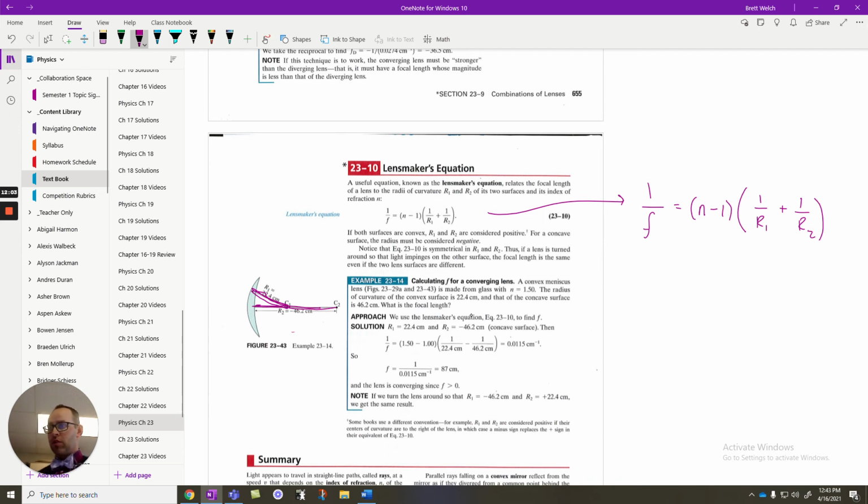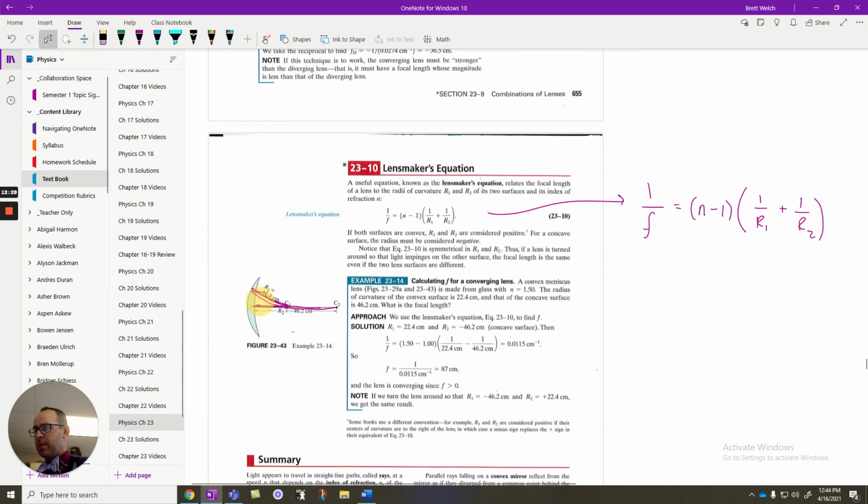A couple of rules that we have to keep in mind. If both surfaces are convex, R1 and R2 are considered positive. For a concave surface, the radius must be considered negative. And so if we're looking at this specific case, one surface is convex, that's the surface on the left. The surface on the right is concave, and so it would have a negative radius of curvature.